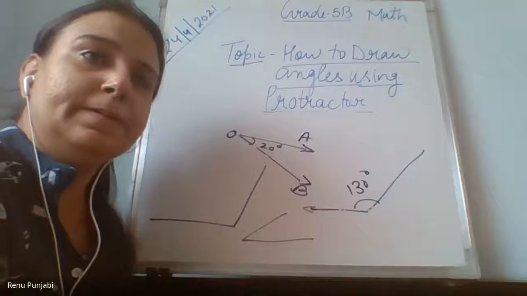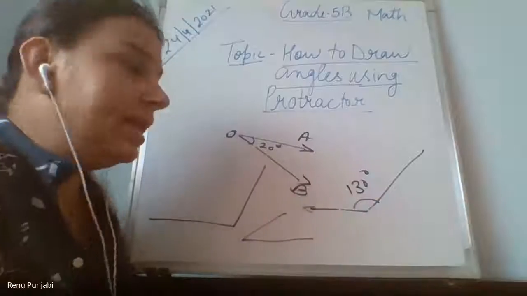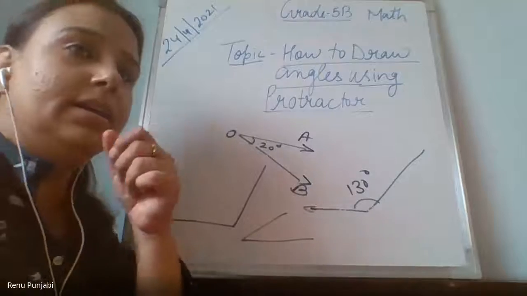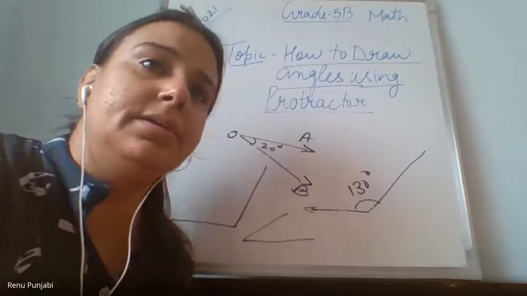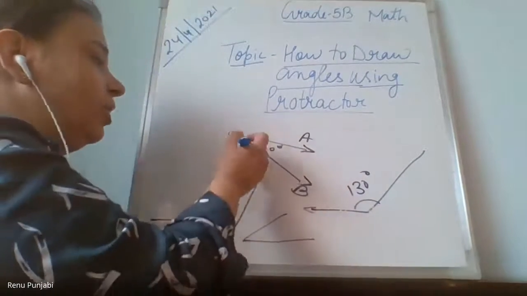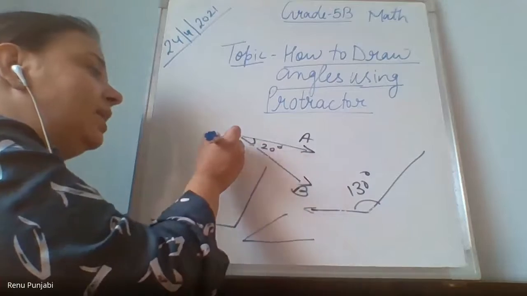Ma'am, I can't understand the ABCD method. What ABCD method? Ma'am, in yesterday's worksheet you have written something ABCD. They are asking what is the angle. Measure the angle. And I told you always this vertex will come in the center.